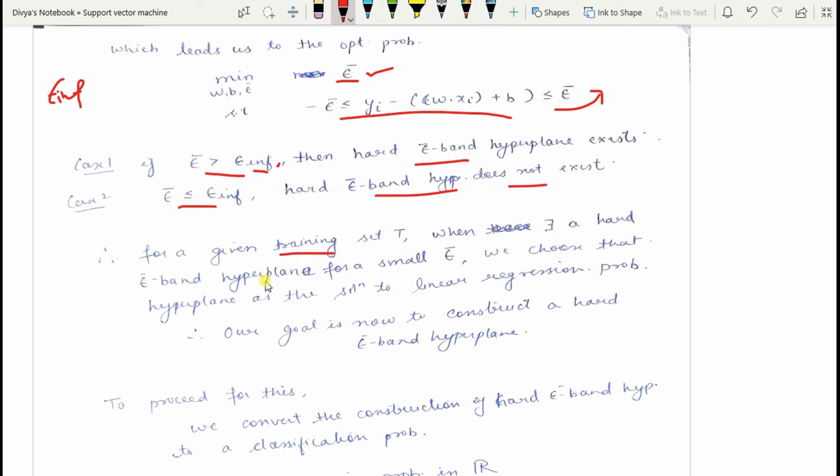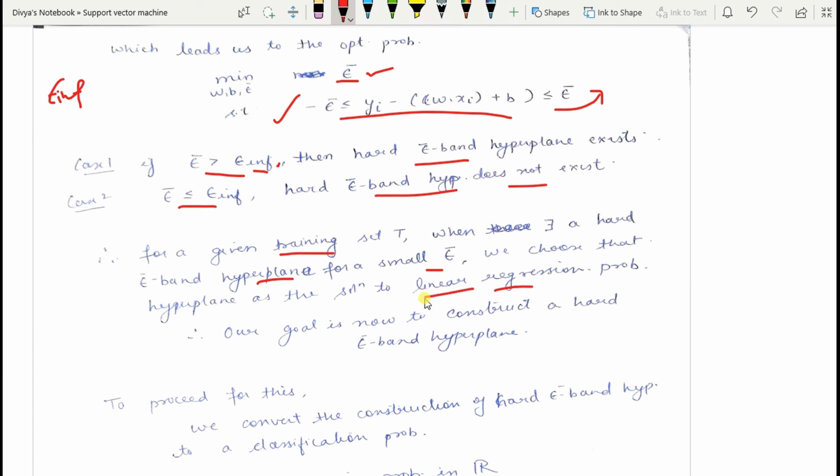For a given training set T, when there exists a hard epsilon band hyperplane for a small epsilon, we choose that hyperplane as the solution to the linear regression problem, right? Whenever there exists a hard epsilon band hyperplane, that implies there exists an optimal value that satisfies this constraint.